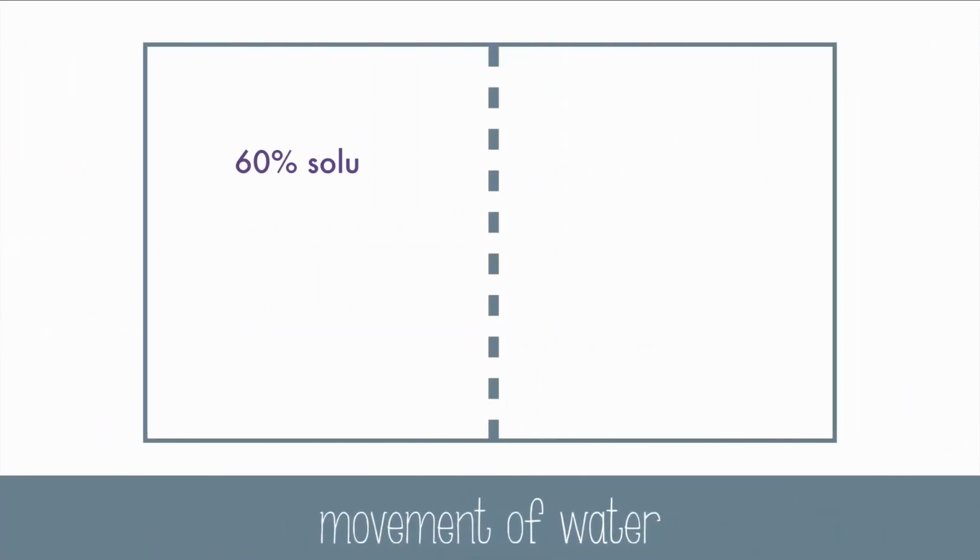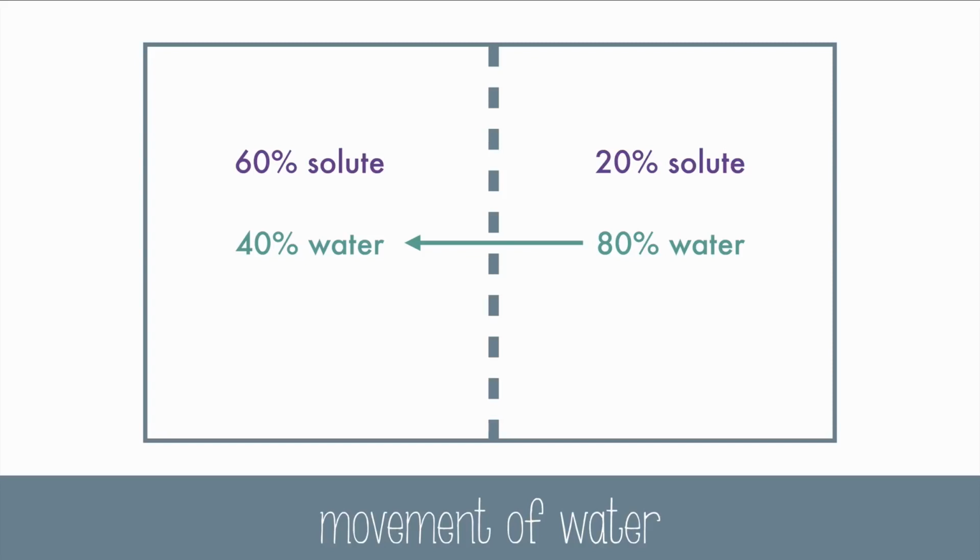Now we have a 60% solute and a 20% solute scenario. First, let's figure out how much water there is by subtracting the amount of solute from 100. We have 40% water and 80% water. Water always moves from a high to low concentration of water, so it will flow from the right to the left, and again, that's from hypotonic to hypertonic.